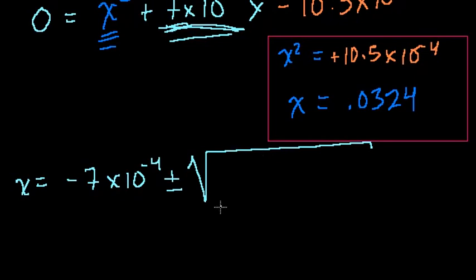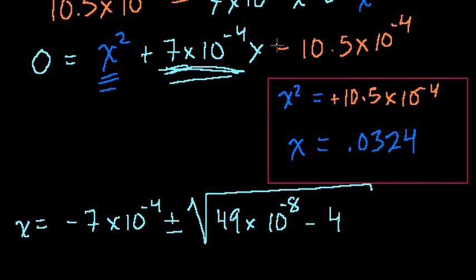So b squared is 49 times 10 to the minus 8, right? 7 squared, and then 10 to the minus 4 squared. Minus 4 times a, which is 1, times c.